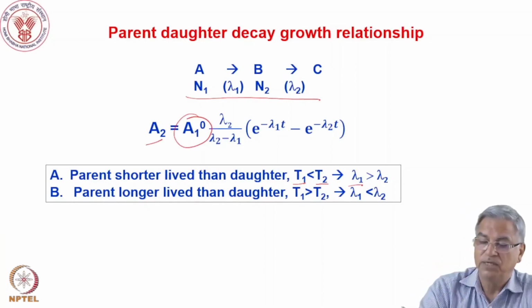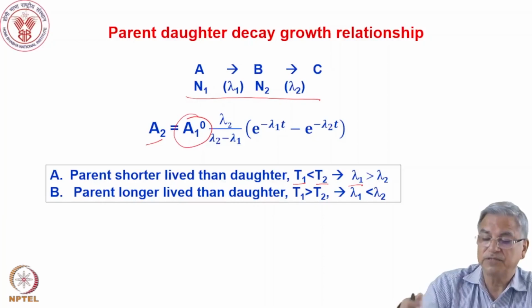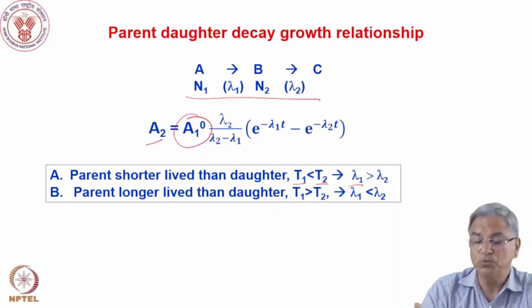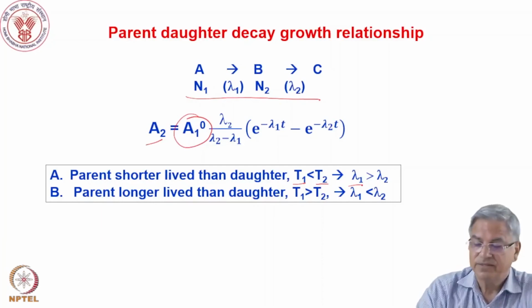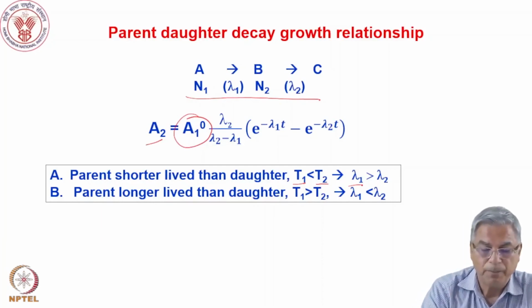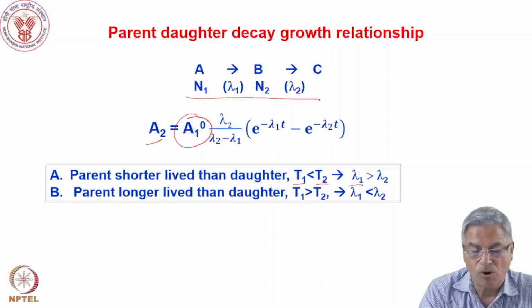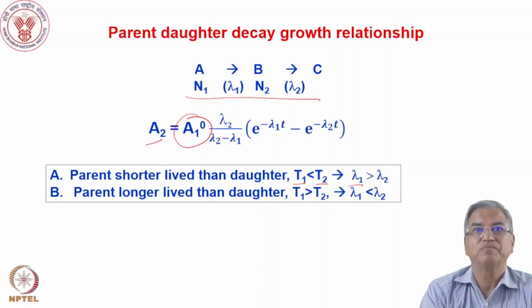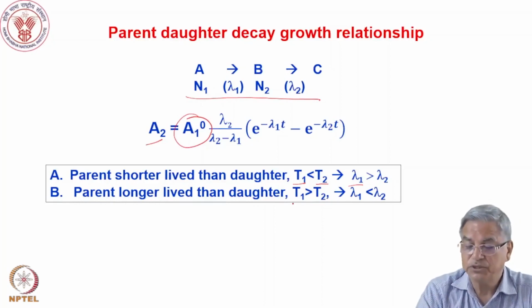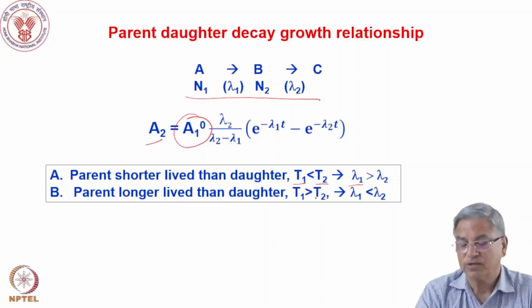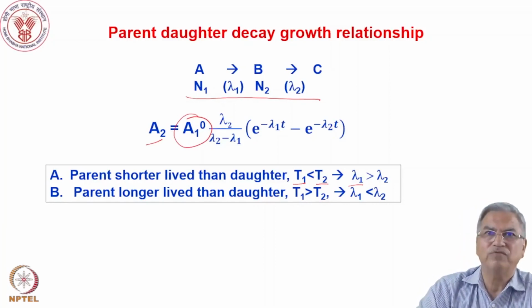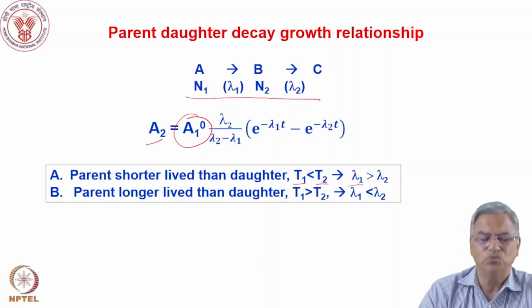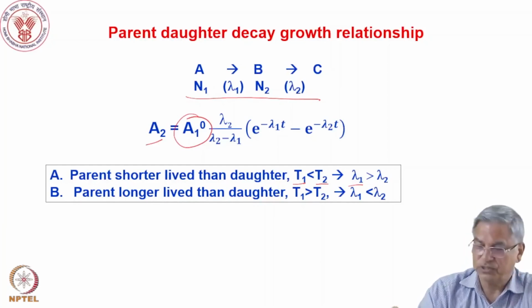This is important because there will be many different situations depending upon the magnitude of lambda 1 and lambda 2. And the second situation is when the parent isotope is long-lived than daughter isotope. That means T1 is more than T2, or conversely lambda 1 is less than lambda 2. So depending upon the magnitude of lambda 1 and lambda 2 or T1 and T2, we will discuss different situations.